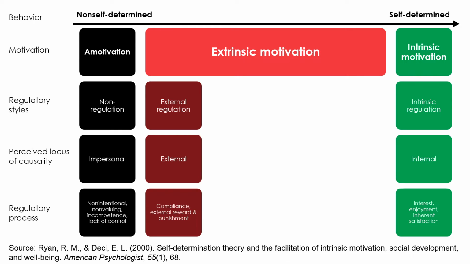My behavior is caused by an external perceived locus of causality. Without the external triggers, such as external rewards or punishments, I would not demonstrate that behavior. Here, my behavior is a means to an end rather than for the enjoyment of the task itself. And the ends are controlled by others, such as rewards and punishments, not myself.